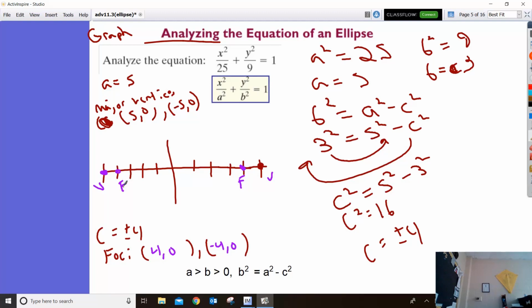Your focuses lie on the same line as your major vertices. B gives you the minor vertices, okay? Minor.